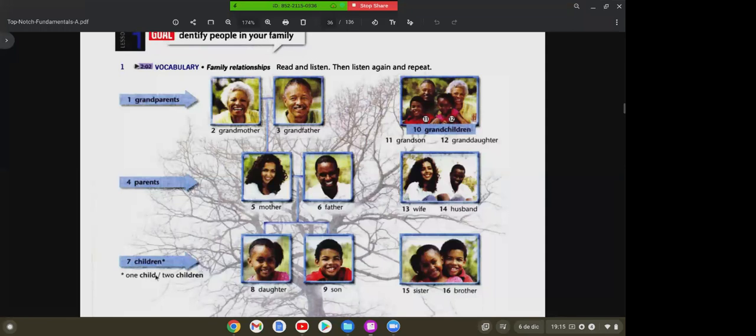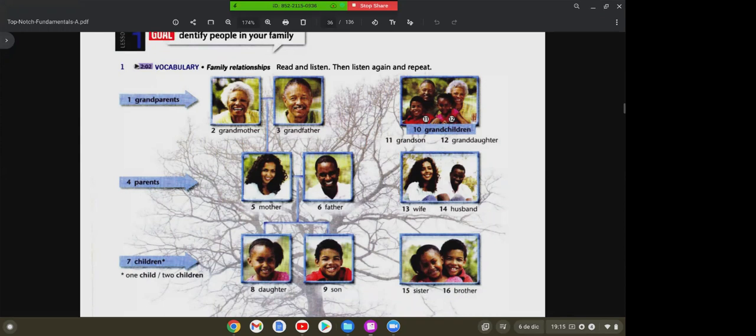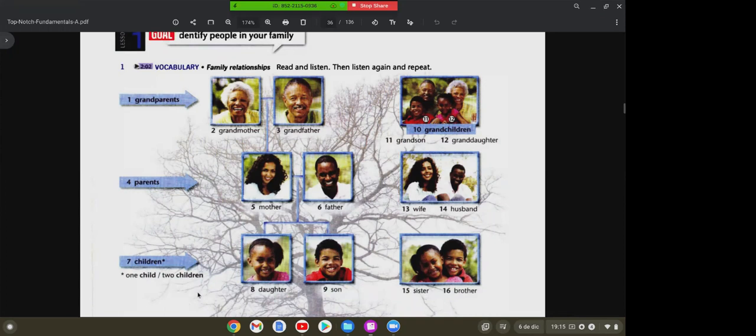Child. Exactly, child. But if we are going to talk about 2 or more of them, si vamos a hablar de 2 en adelante, we are going to say children. So ese es el plural.